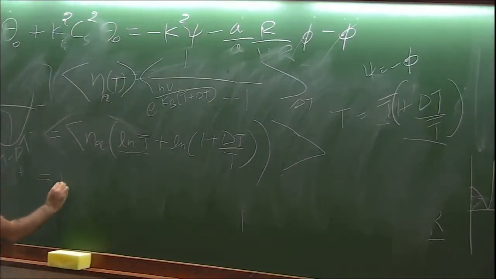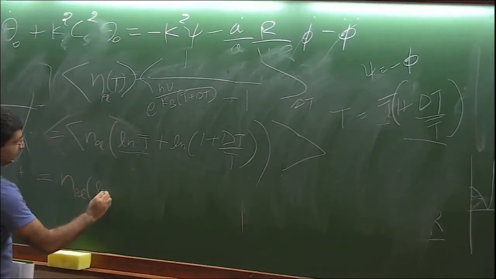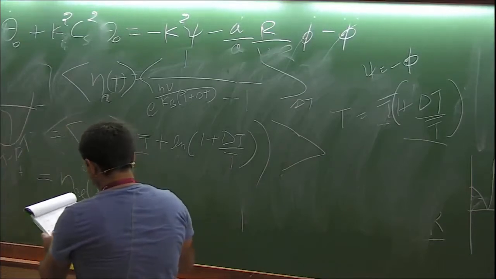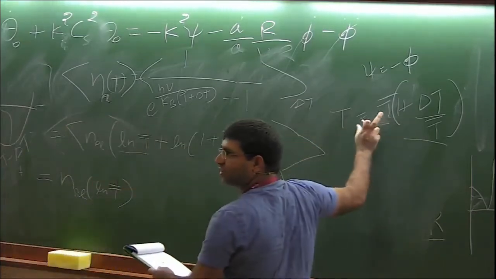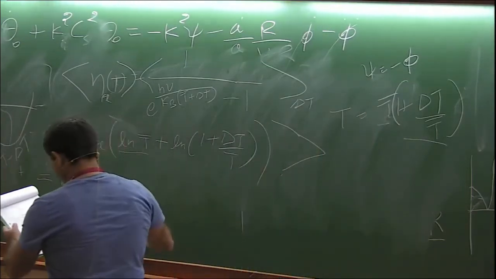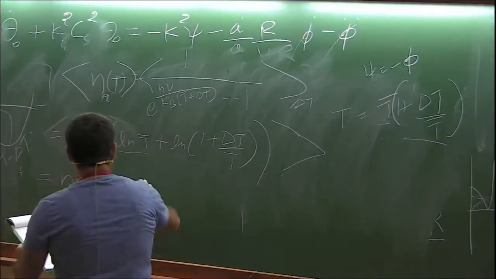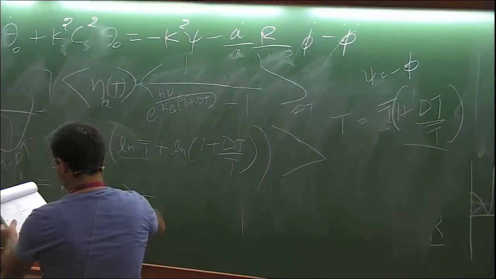What you get is the original function, the Planck spectrum at the average temperature. This is just a change of variables, nothing profound going on here. Instead of using T, I am using the logarithm of T as my variable. Plus, there is a first order term.